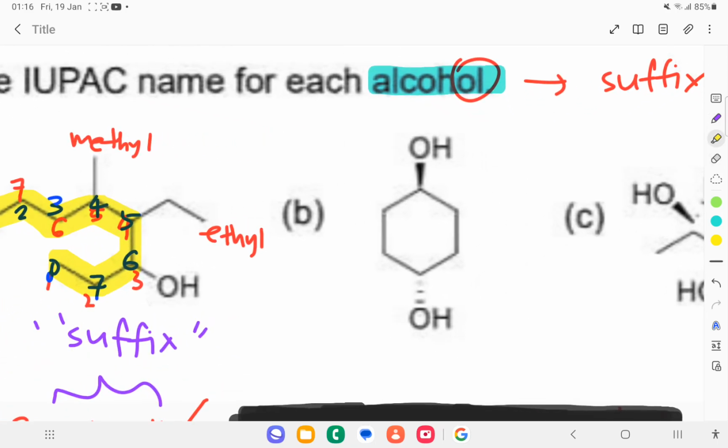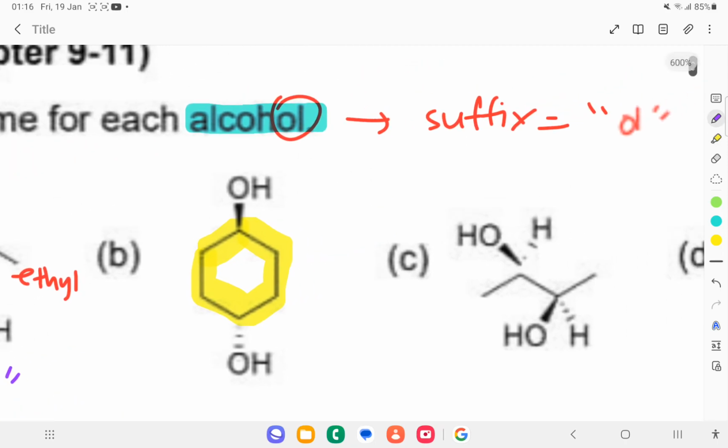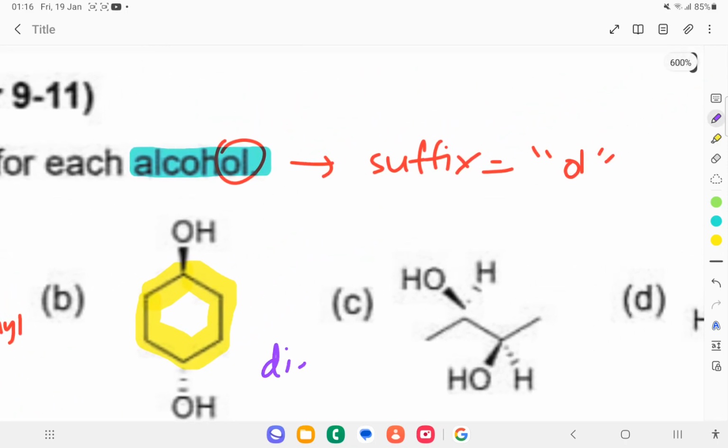For question B, this is a cycloalcohol with 2 OH. A compound with 2 OH, we call it a diol, a species with 2 OH.